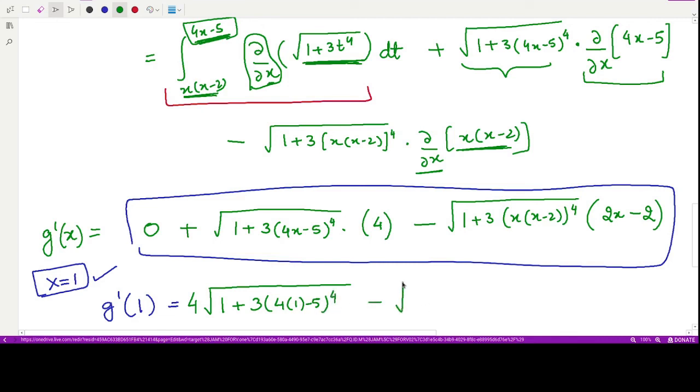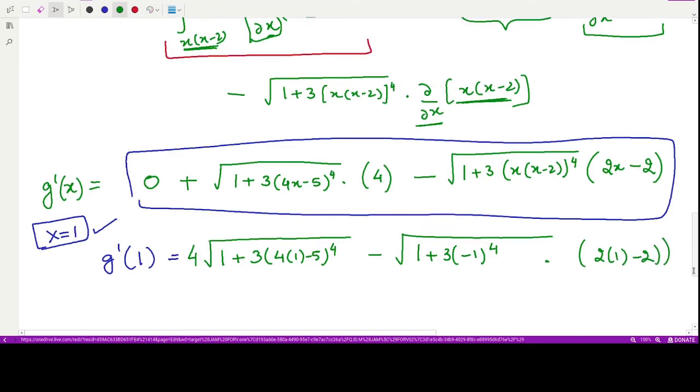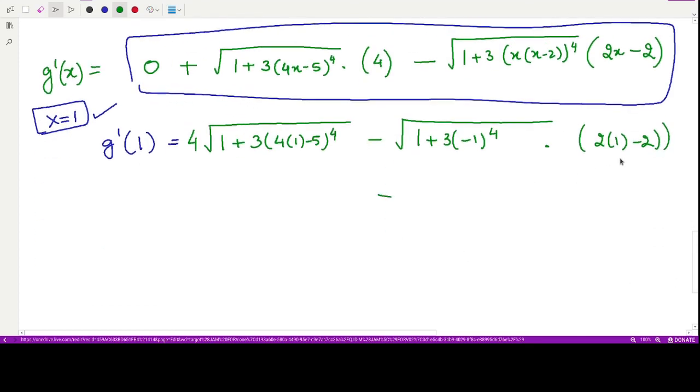And here minus square root of 1 plus 3 times 1 minus 2, that would be minus 1, raised to power 4, multiplied by 2 into 1 minus 2. You see the second term is simply 0, because we have 2 minus 2 multiplied with something, that is 0. The first term is 4 square root of, now this would be minus 1 raised to power 4, so that would be plus 1. So we have 3 plus 1, 4 into square root 4. So this would be 4 into 2, and your final answer is 8.